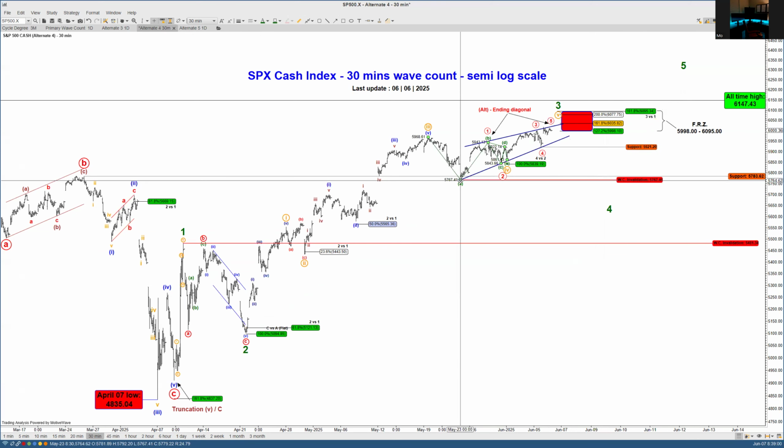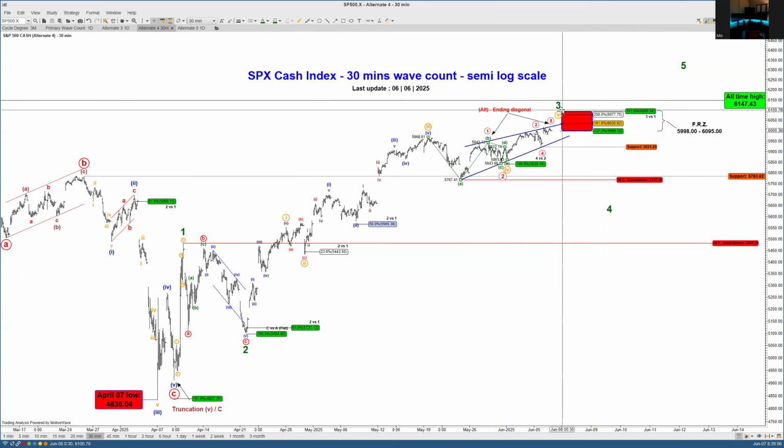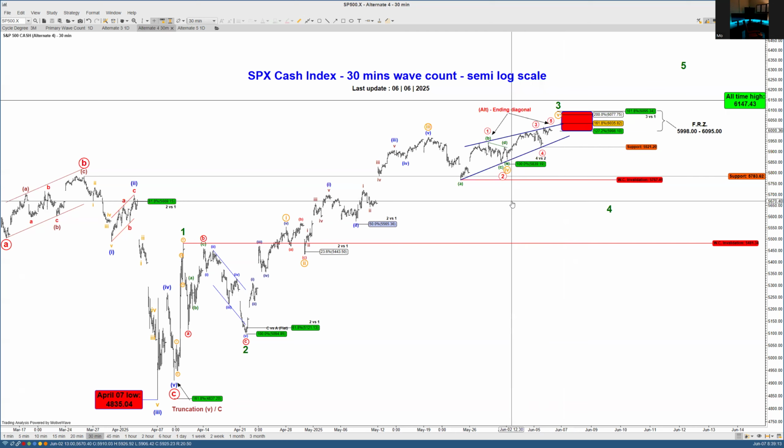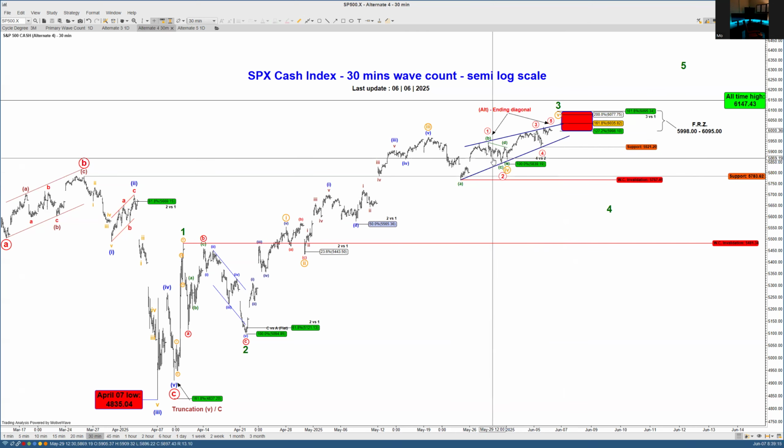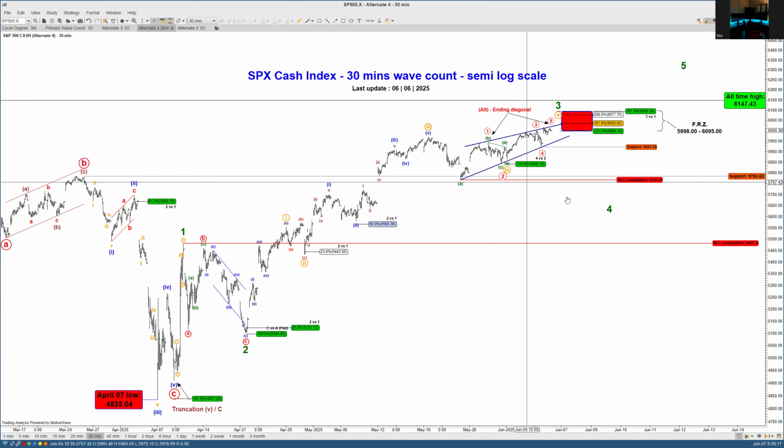This right there, the 5767 low, will confirm 100% that the third wave ended. So whatever you are trading, or if you want to stay bullish as much as you can, you gotta mark this level on your chart, put a price alert on it.